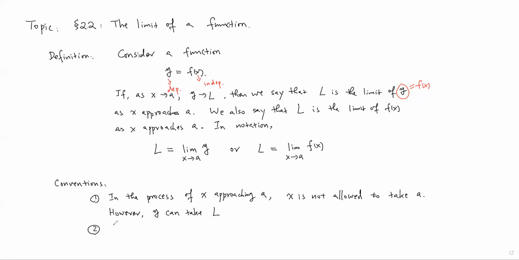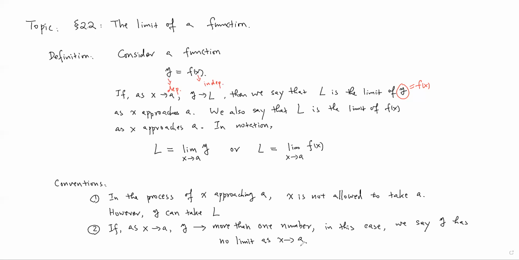Convention number two is, if as x approaches A, y the dependent variable approaches more than one number, in this case, we say that y has no limit as x approaches A. That means that we require the limit to be one and only one. If the dependent variable approaches more than one number, we say that the limit doesn't exist.